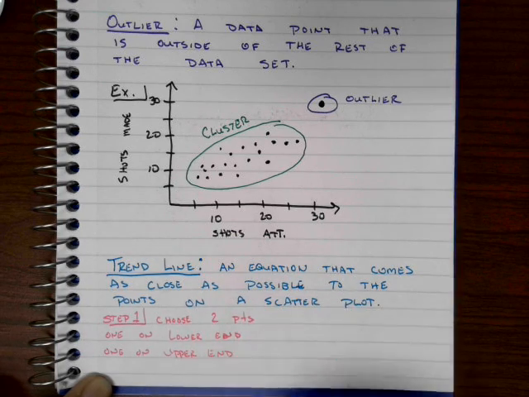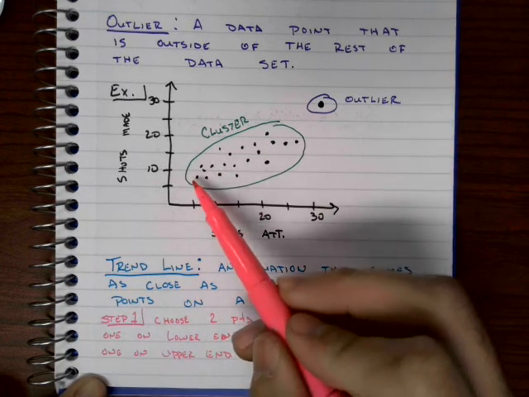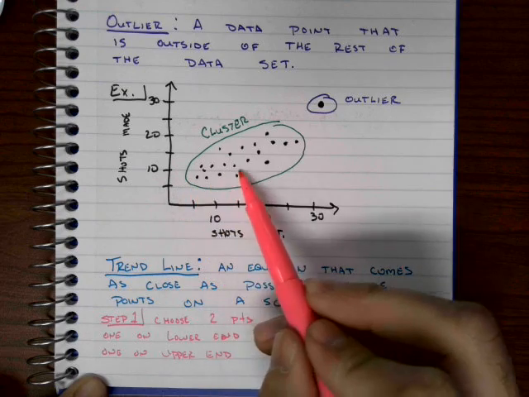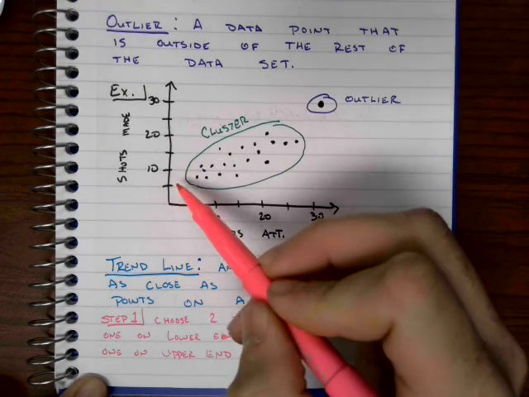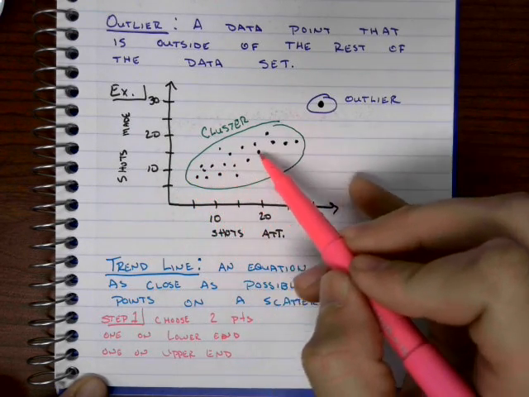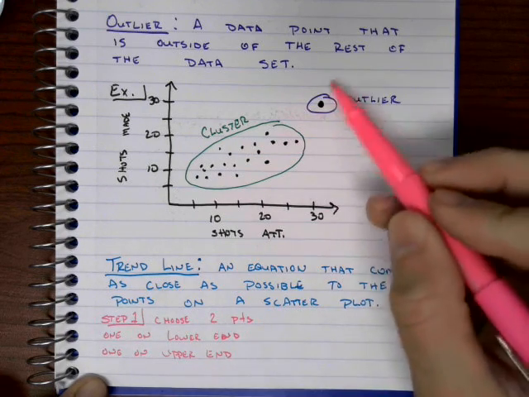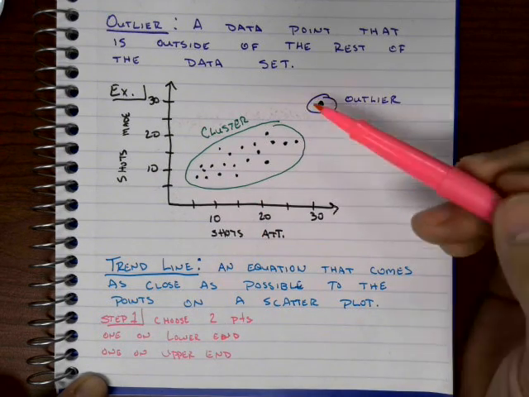Now in our trend line, we don't want to say, oh, one here and one here, because this is going to make a line that kind of goes below the data. We want to find 2 points that create a line as close as possible to the middle of this data, ignoring any outliers. Your outliers will skew your data.